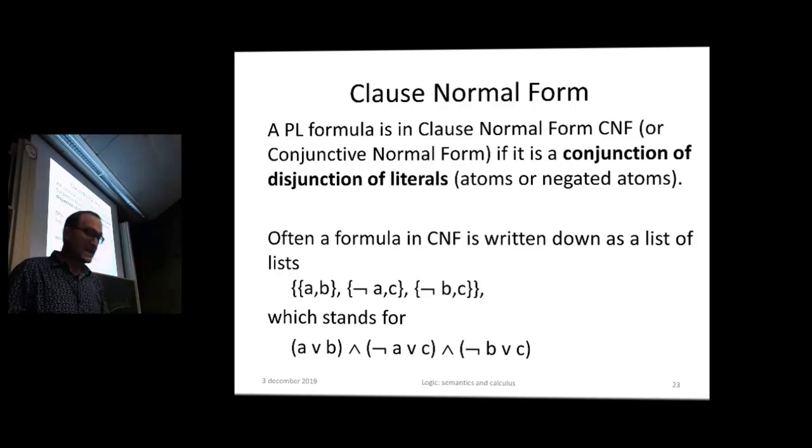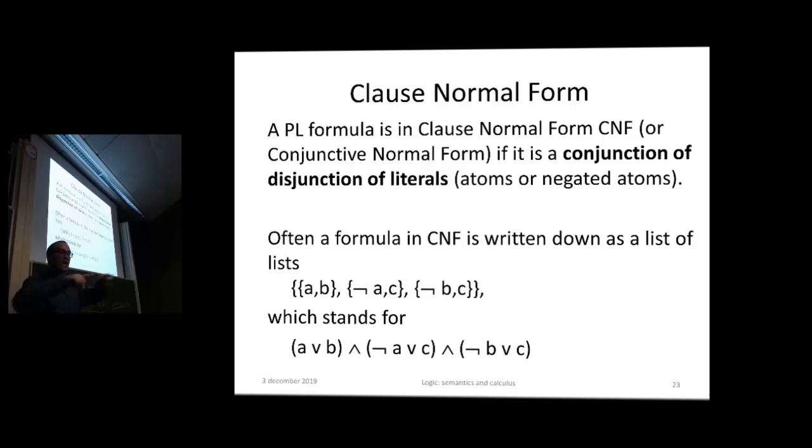So basically, this is an example of a conjunctive normal form. We only have negation in front of literals, so atoms, so propositional letters. Negation is not outside any other operator anymore. It's only in front of atoms, so the propositions themselves.